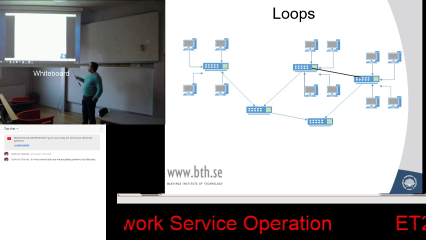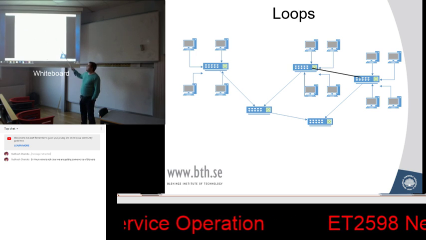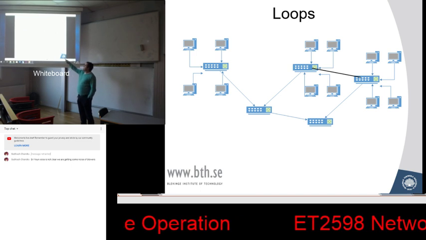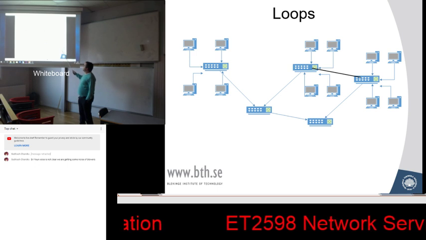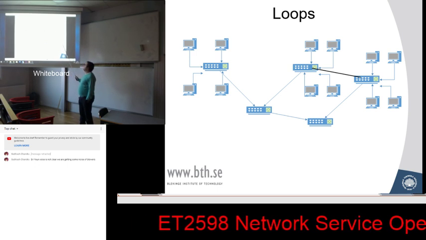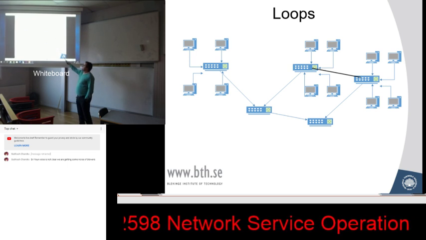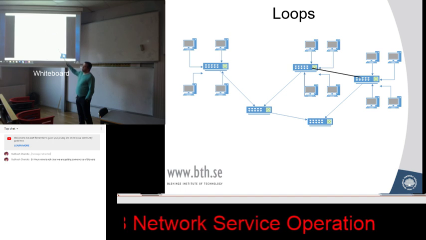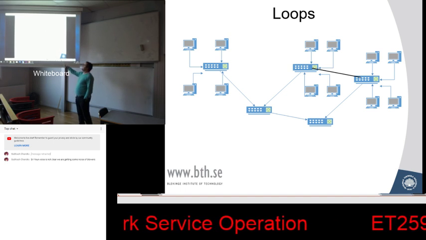Okay? Let's take an example. This guy is trying to reach this device. So initially, the path would be like this. So he sends it here. Assuming this hasn't talked, this guy goes down here, here.